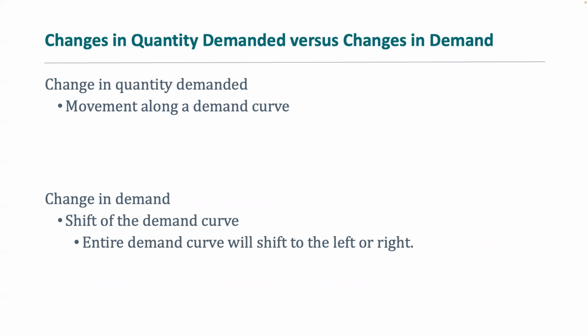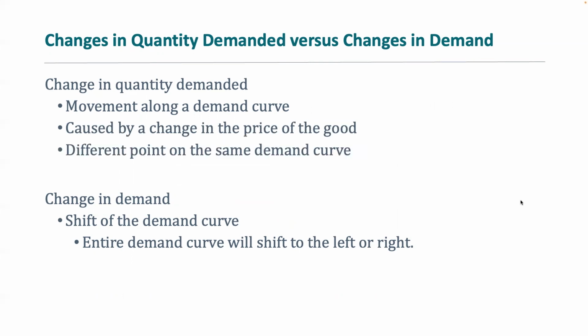Another important thing to consider is changes in quantity demanded versus changes in demand. So let's take a look at everything provided on this slide. When we're talking about changes in quantity demanded, this is a movement along that line or along that demand curve. This is by changes only in price, and you can look at different points along that same curve.